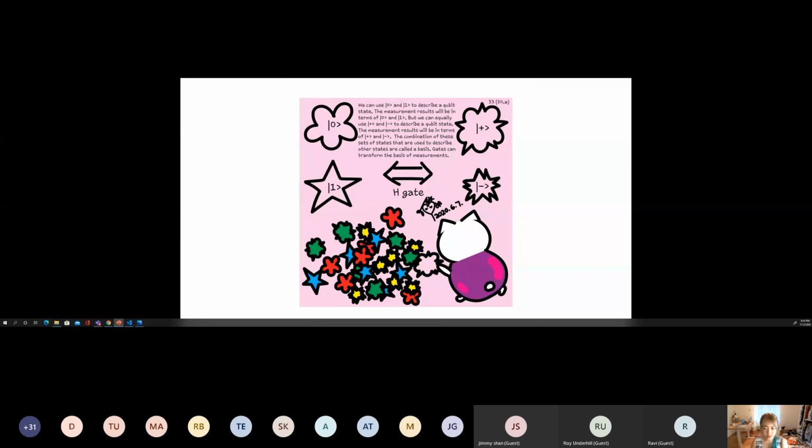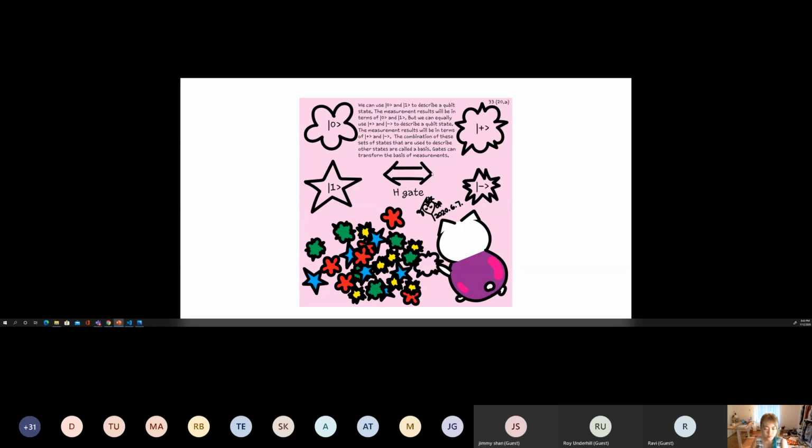Before I show you the next page, I also want to remind you that we learned in a couple of classes earlier that measurement is also kind of relative. Depending on what basis you use, you can get results aligned to your basis. So this is very key for this game, which I will show next.